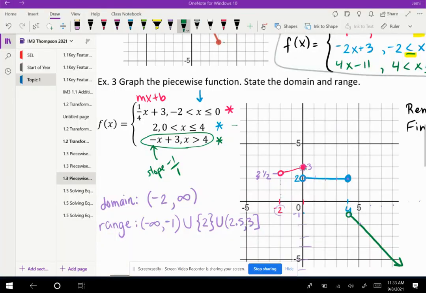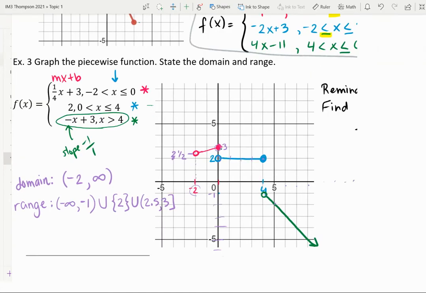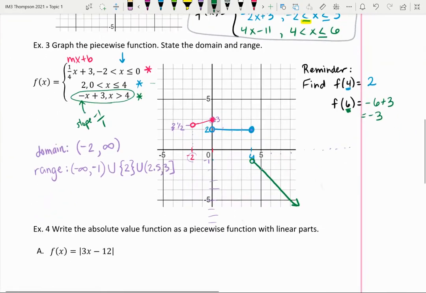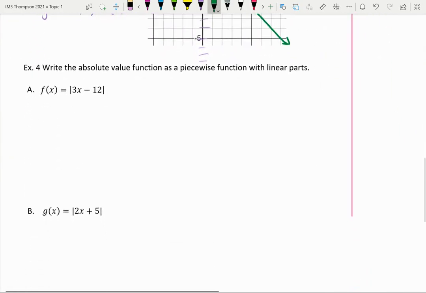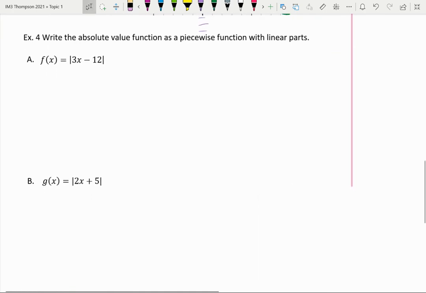Okay, so here we come to the last type that we're going to look at in this class, which is writing the absolute value function as a piecewise function with linear parts. All right, cool.